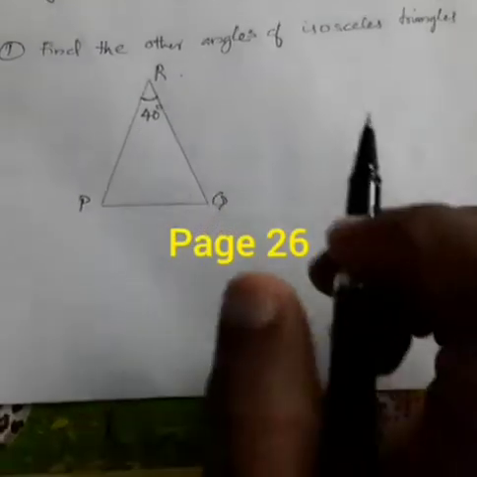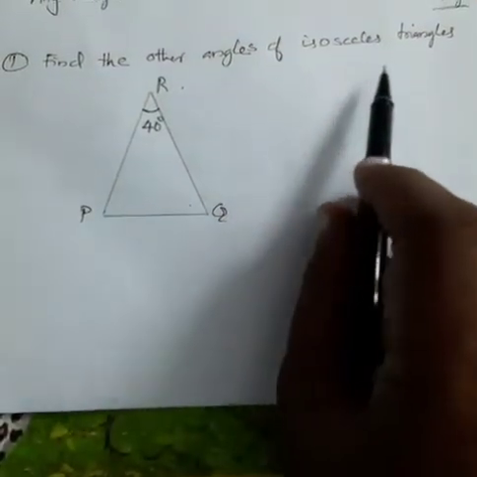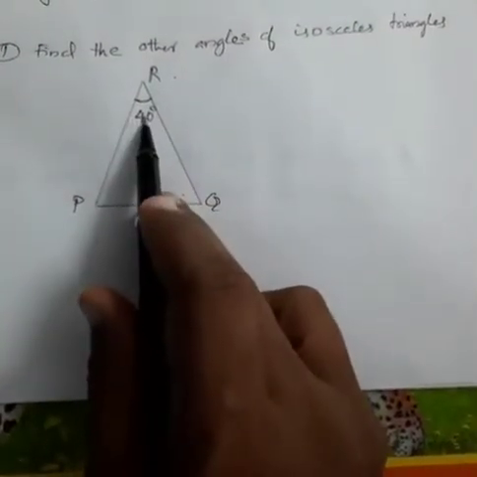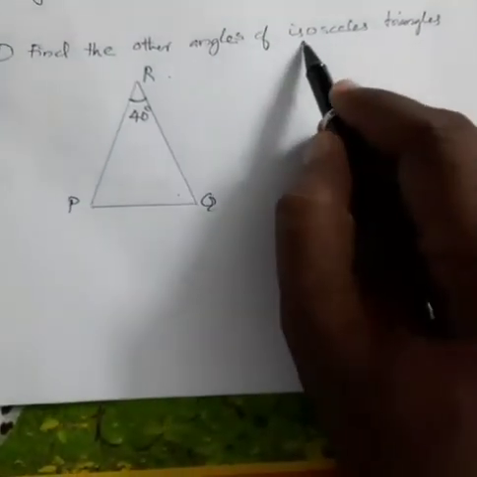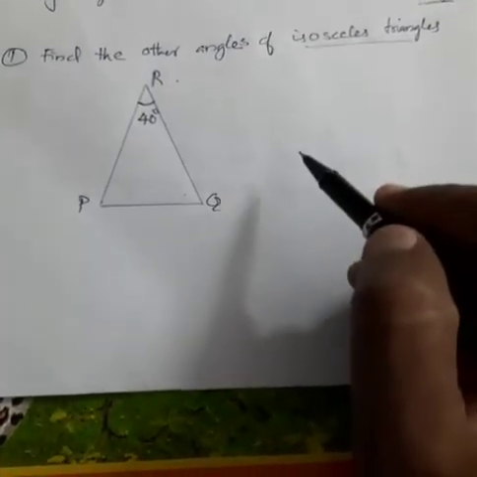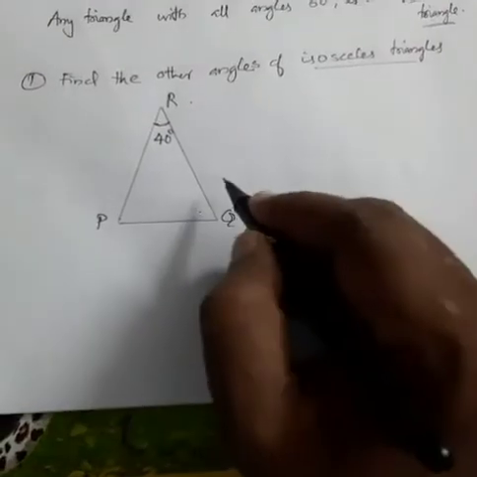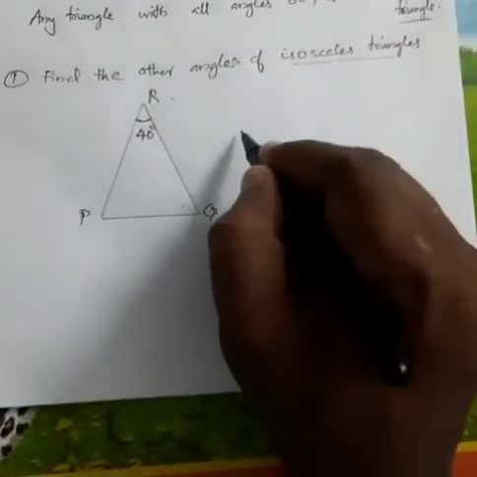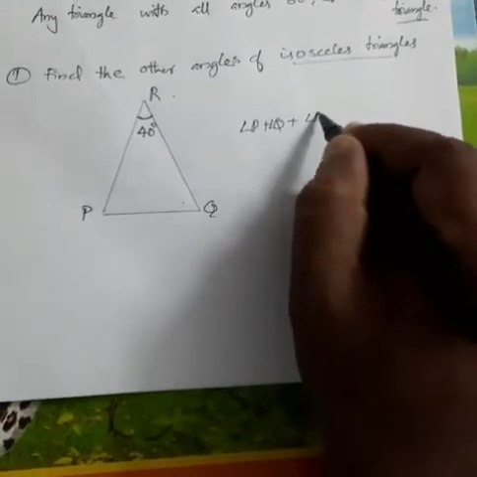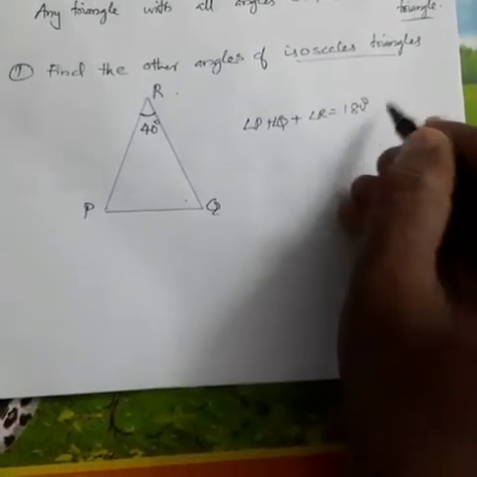See this question. Find the other angles of the isosceles triangle. In triangle PQR, angle R is given and it is said that it is an isosceles triangle. So you know the speciality of isosceles triangles. Here the sum of angles is how much? Angle P plus angle Q plus angle R is equal to 180 degrees.